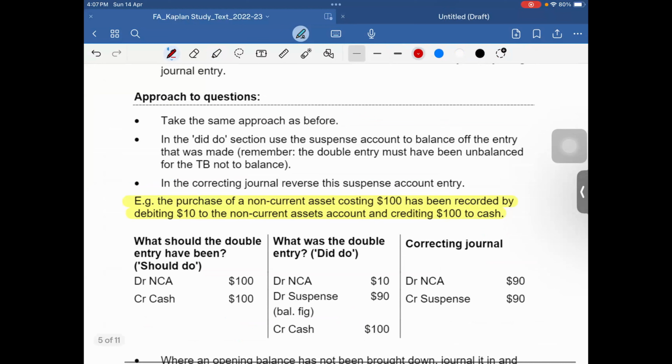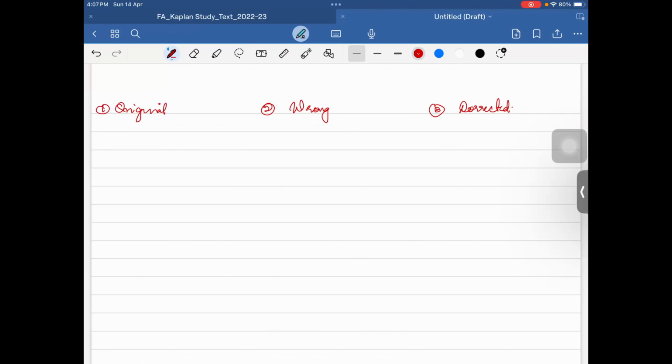The purchase of a non-current asset costing 100 has been recorded by debiting the non-current asset account and crediting 100 to cash. So the original entry is: debit NCA by 100, credit cash by 100.